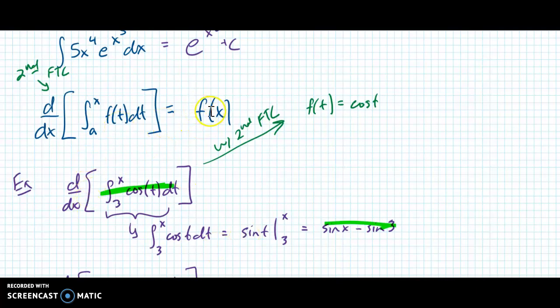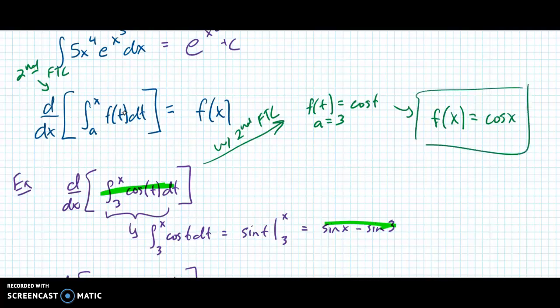And then a is equal to 3. But notice there's no a here. And this just says the derivative with respect to x of this thing is just f of x. So if f of t is cosine t, f of x just says replace the t's with x's. So f of x is cosine x. Really, all I'm doing is taking this and plugging it in there and getting my solution out.